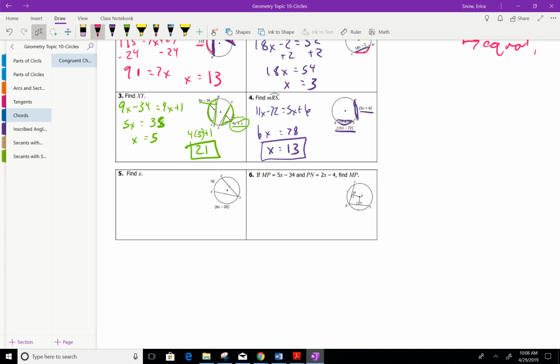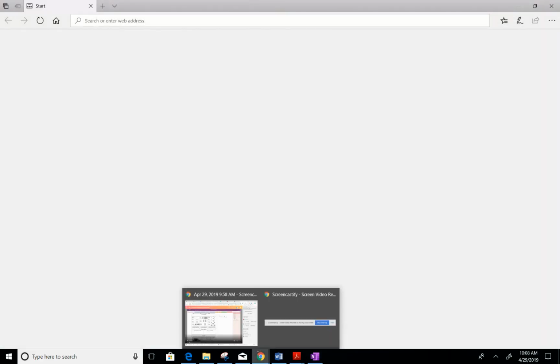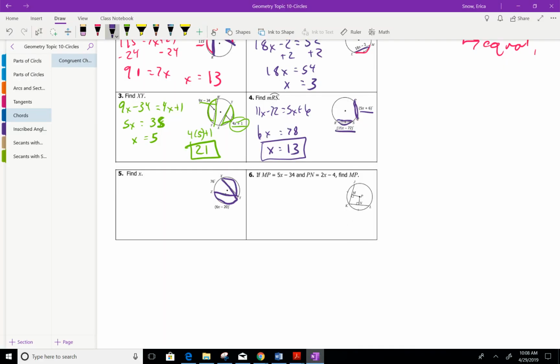Okay, now, this next one is a little bit more involved. So we have that these chords are congruent. And that means that these arcs are congruent, which means that, oh, I accidentally touched Explorer there, that to find this, we kind of have to take into account that this piece is 76. So we're going to do 360 minus 76.